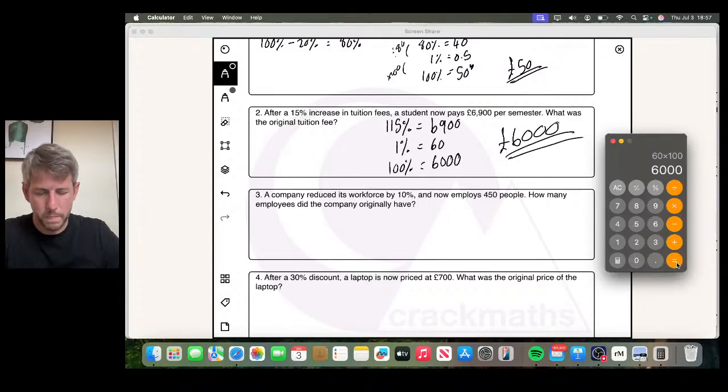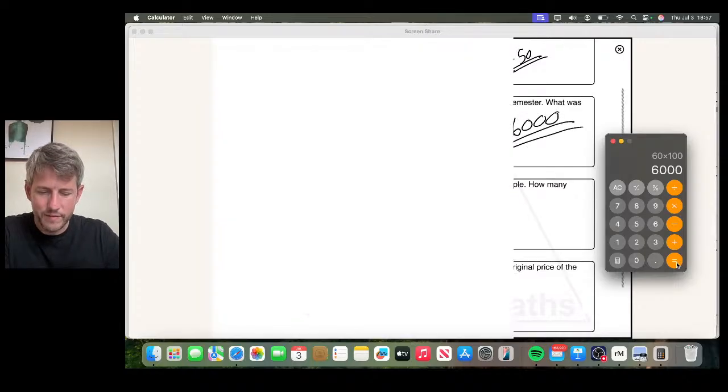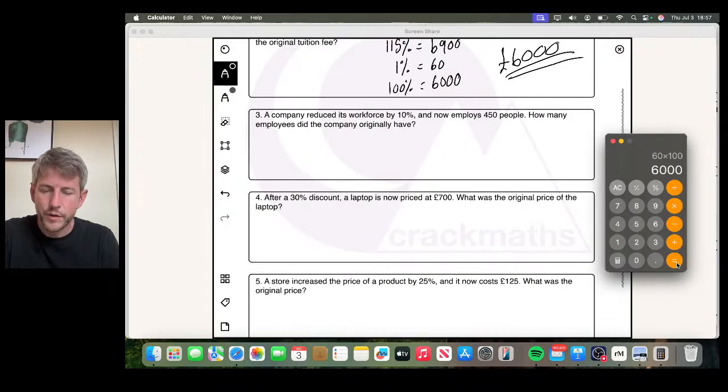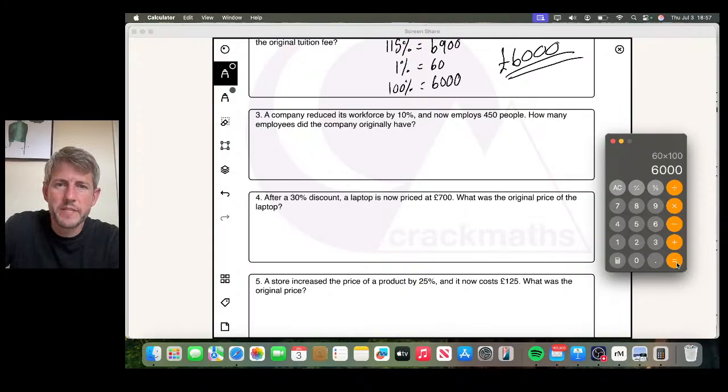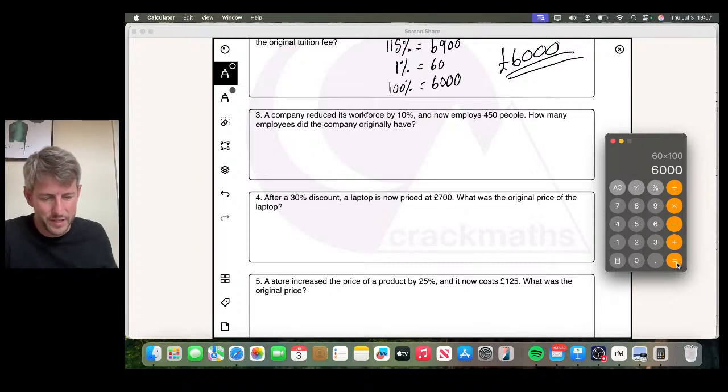Okay, right. Let's have a look at 3. Number 3 says, a company reduced its workforce by 10% and now has 450 people. How many employees did the company originally have? Okay, so if they've reduced their workforce by 10%, that means we're now talking about them having 90% of what they used to have.